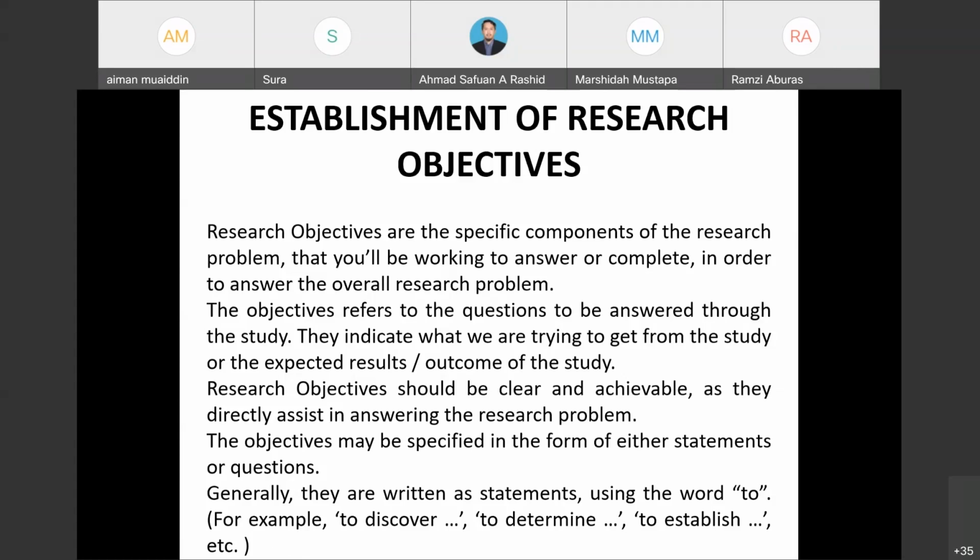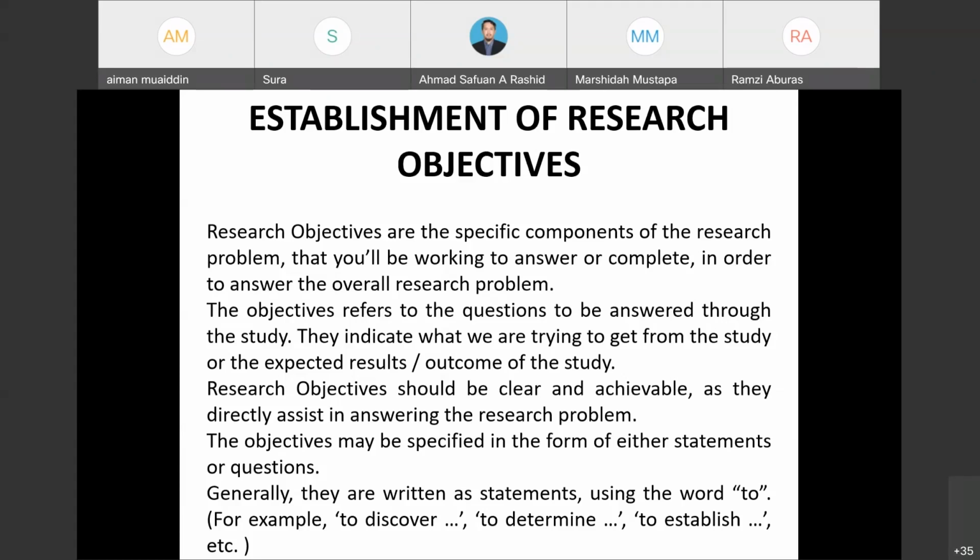For example, if you want to study soil stabilization, the behavior of soil or the efficacy of soil stabilization, for the first objective you can put: to determine the soil and stabilizer properties.